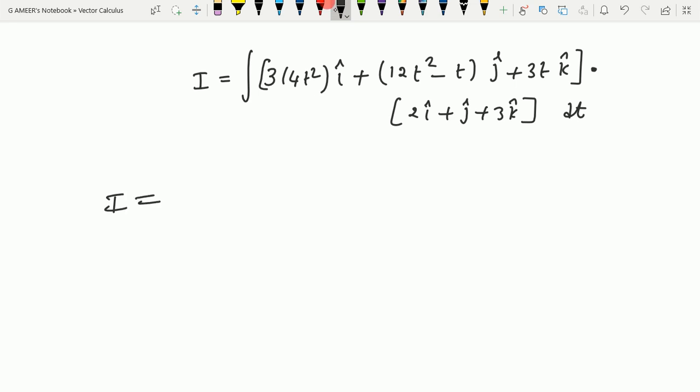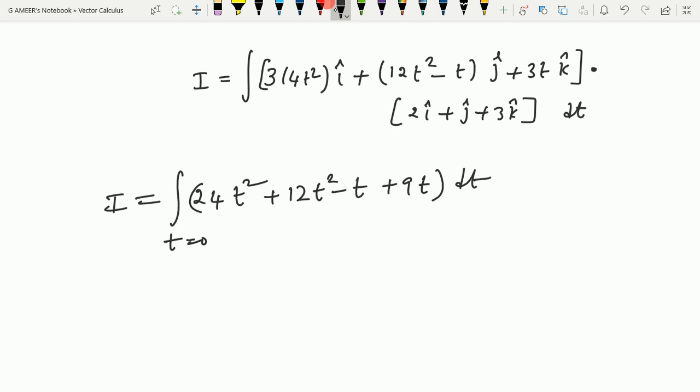Okay, fine. Now you take the dot product, x with x, y with y, and z with z. Then I will become 12t square with 2, that is 24t square. Then the j component, 12t square minus t with 1, that is plus 12t square minus t. Then with k, that is 9t, with dt.